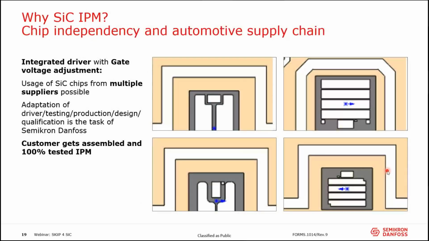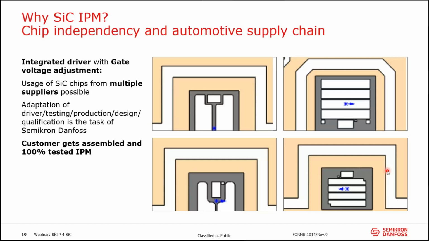Due to the possibility of changing the gate voltage in the driver, we can use different MOSFET suppliers in our system. That means that we are not bound to one or two suppliers, so we can check the availability on the market or the preferences of the customers so that flexible silicon carbide MOSFETs can be used for their final application.